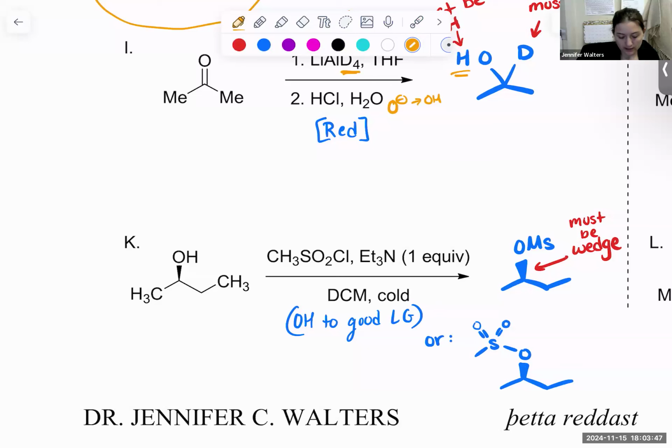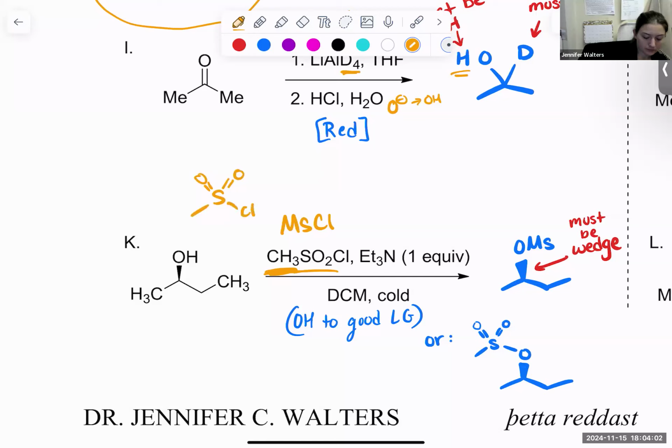So this was our mesylate. Whether you recognize that the CH3 makes that mesyl chloride, then sweet. Otherwise, if you just drew it out, then you would see that you have that good leaving group.